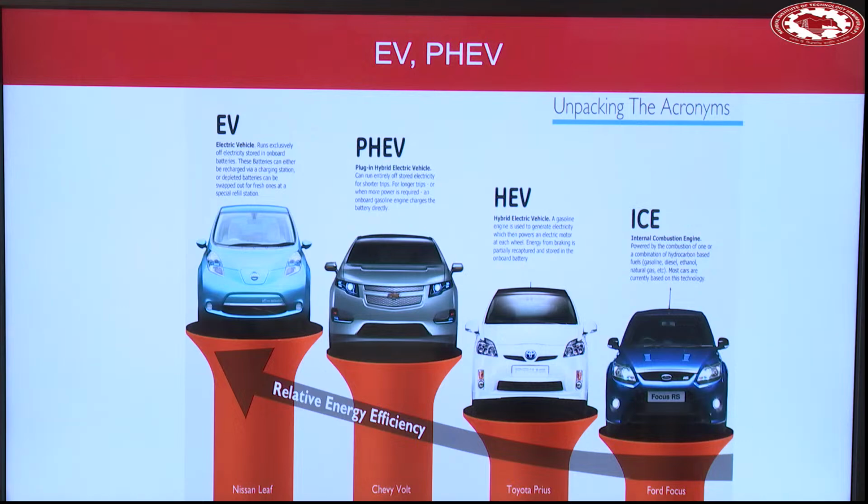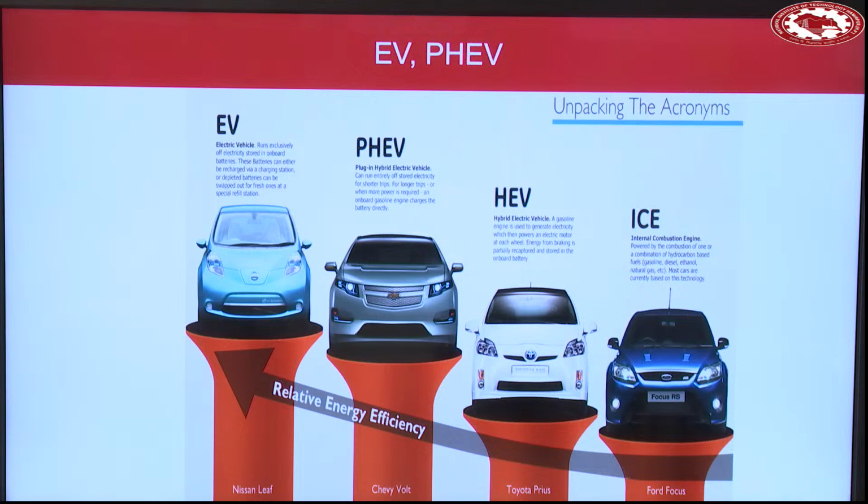So this is a typical ICE engine, internal combustion engine. It's generally run by one of the fuels. It could be petrol, diesel, gas, and so on. Then we have something called a hybrid electric vehicle. As I said, it's a combination of batteries and one of the fuels.